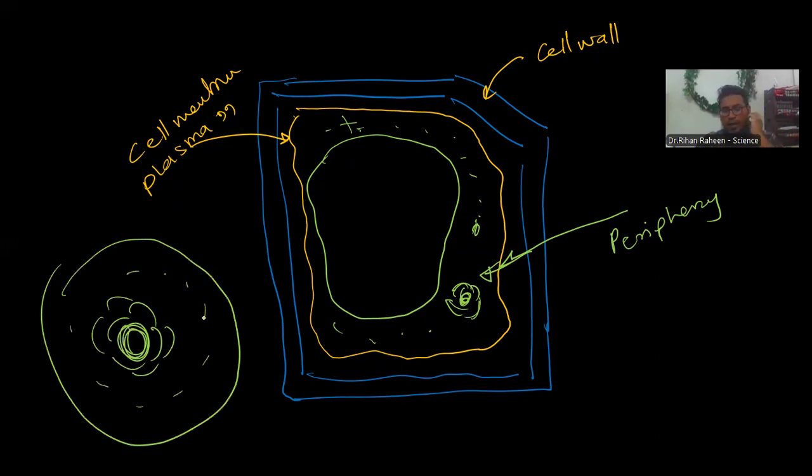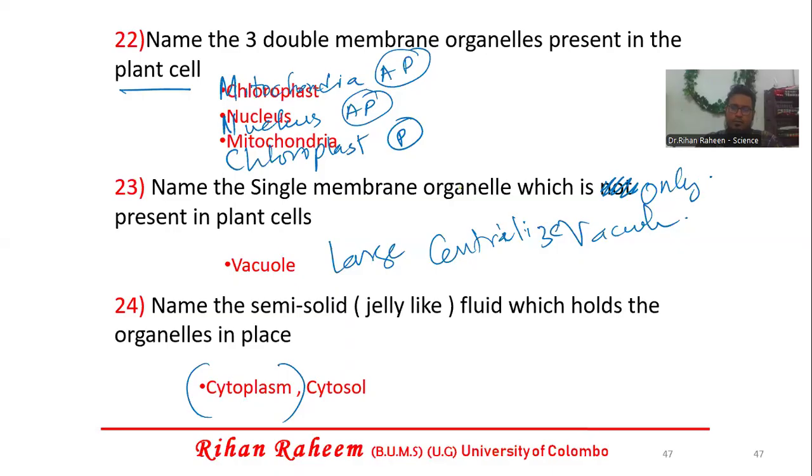Sometimes in plant cells there can be small vacuoles in the corners, only a 1% chance. Maybe we can call those periphery vacuoles, but it's not that important. All right, let's move to the next one.